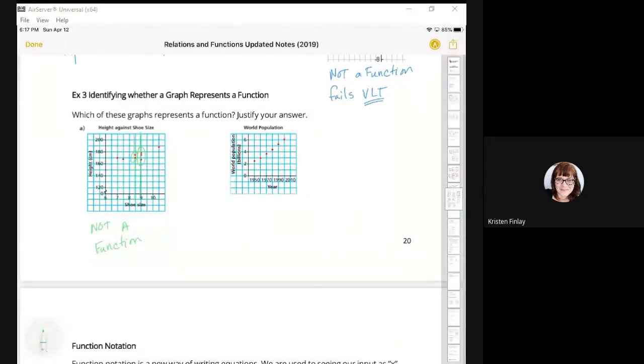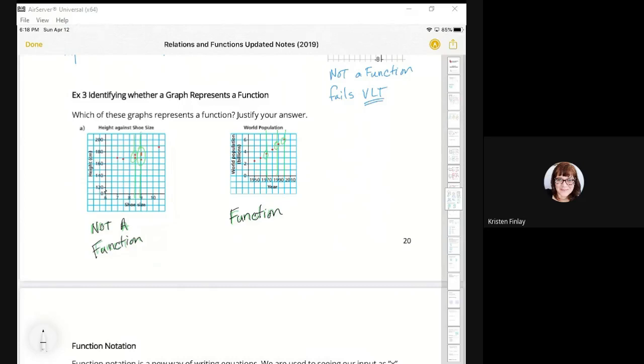With graph B, or the second graph, world population, there is no place where I'm going to cross it twice. I'm only going to cross my vertical line once. So this is a function. And I might write that in a darker color just because the green doesn't show up as well. So this one is not, and this one is.